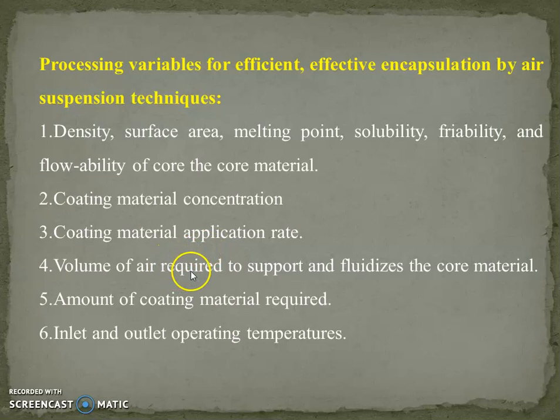Volume of air required to support and fluidize the core material: how much air should be supplied from the air inlet at the bottom so that the core material placed over the supportive plate is suspended in the air and receives the coating. Amount of coating material required: how much coating material is required to encapsulate the core material.